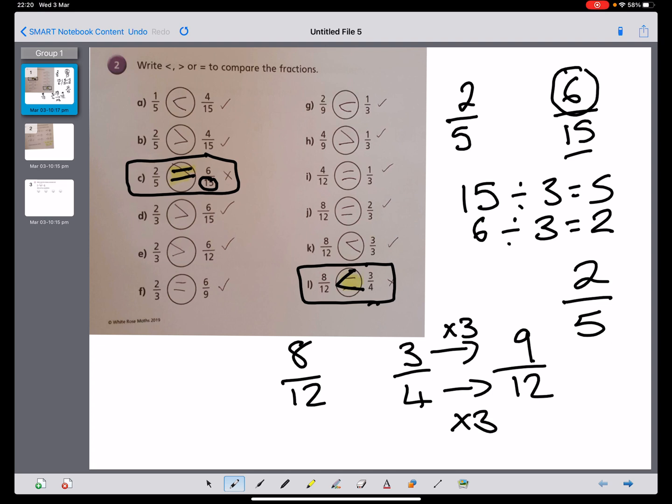Okay, so that's that one that some children got confused about. Okay, so this works for all of them. If we take, for example, this one, E, I've got 2 over 3. To get to 12, I need to multiply by 6, which means I need to multiply 2 by 6.